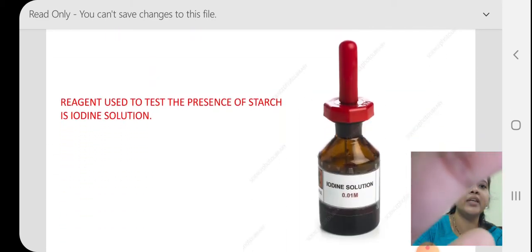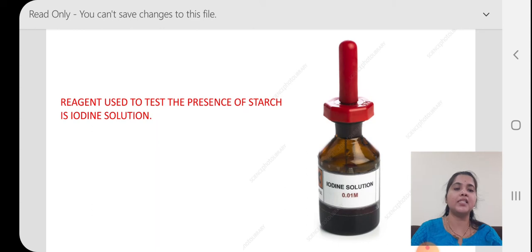Next important one is the reagent used to test the presence of starch, which is iodine solution. If you apply 2 to 3 drops of iodine solution to the leaf, and it changes into blue-black color, that means it contains starch. If it does not change into blue-black color, and it is pale color as usual, then we can confirm that there is no starch present in that particular leaf.